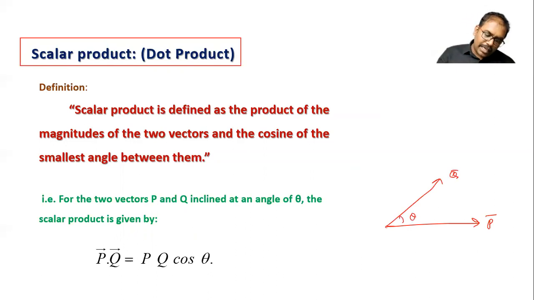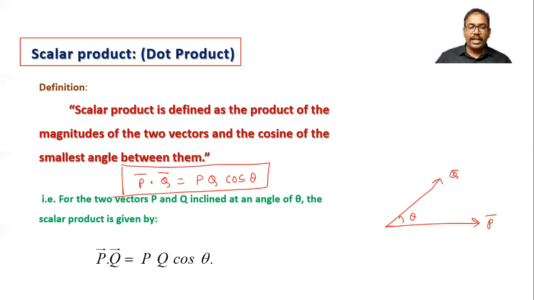Then the scalar product p bar dot q bar is equal to p into q into cos theta. Here p is the magnitude of p bar, q is the magnitude of vector q bar, and cos theta is the cosine of the angle between them. We are considering the smallest angle.